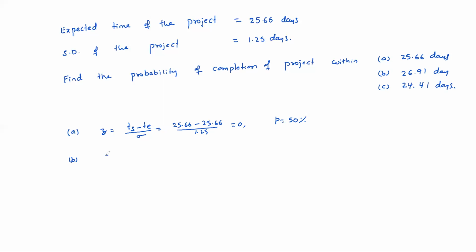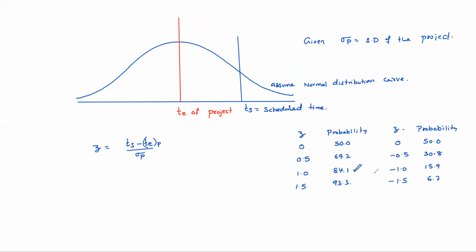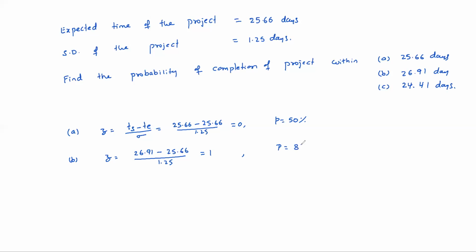For B, Z equals 26.91 minus 25.66 by 1.25, so Z is 1. For Z equal to 1, the probability is 84.1%. So 84.1% is the probability of completion of the project within 26.91 days.